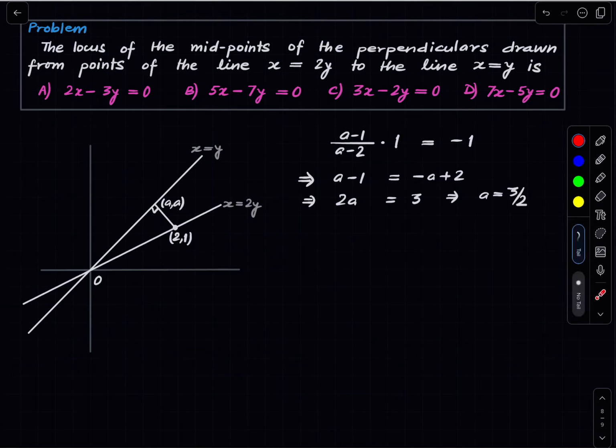Okay, so a is 3 by 2, and therefore the midpoint of these 2 points has x coordinate a plus 2 by 2, and the y coordinate is a plus 1 by 2. So the midpoint, let's call it m, is equal to that, which is 7 by 4.